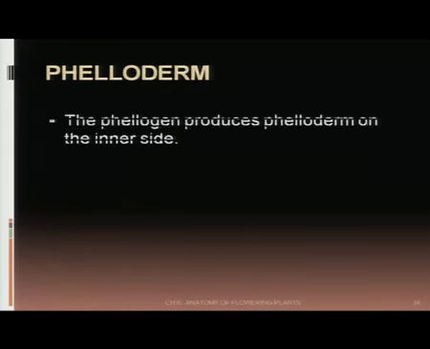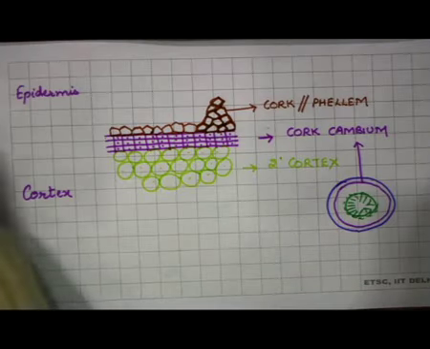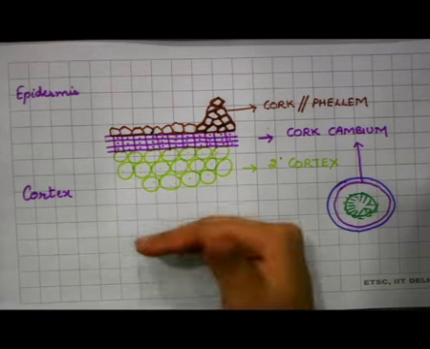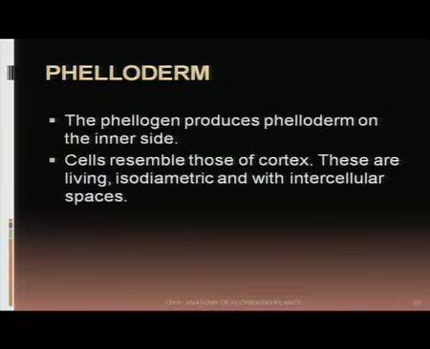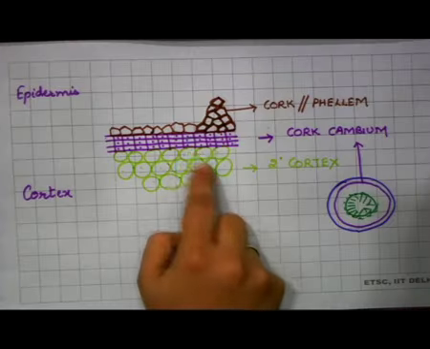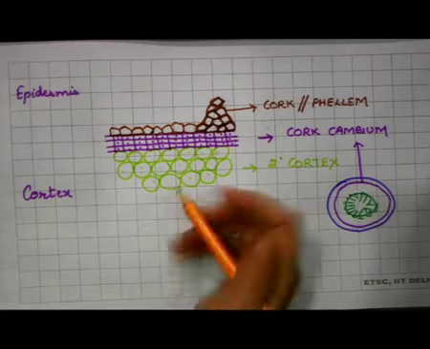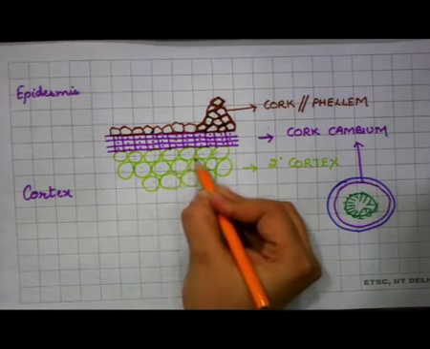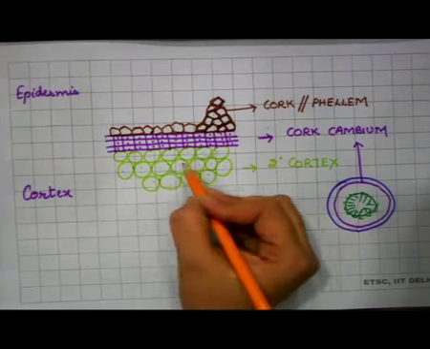The phelloderm, that is the secondary cortex. The phellogen produces phelloderm on the inside towards the cortex. The cells resemble those of the cortex. These are living, isodiametric and with intercellular spaces. This is what we have drawn. You can see the intercellular spaces here. They are visible and they are isodiametric, living.